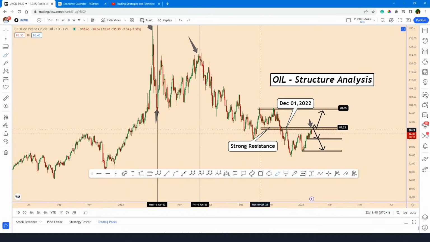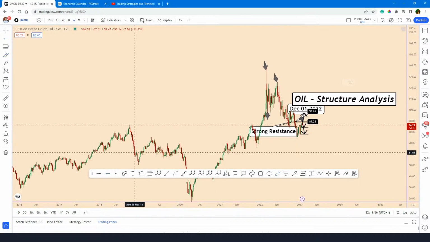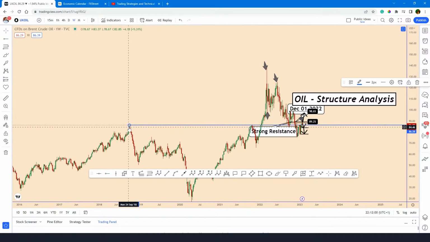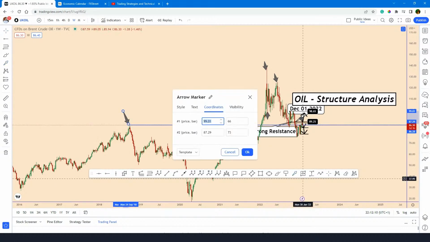If we look back at the past, we will see that this area in normal conditions acted very strong. We may see that on October 18, the $86 that we may see here was a very sensitive area. Look at the zone here.